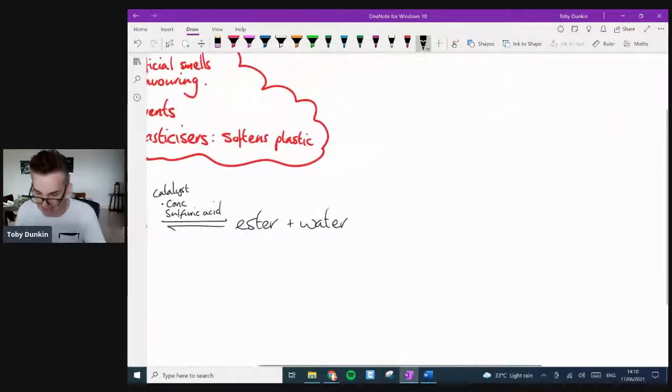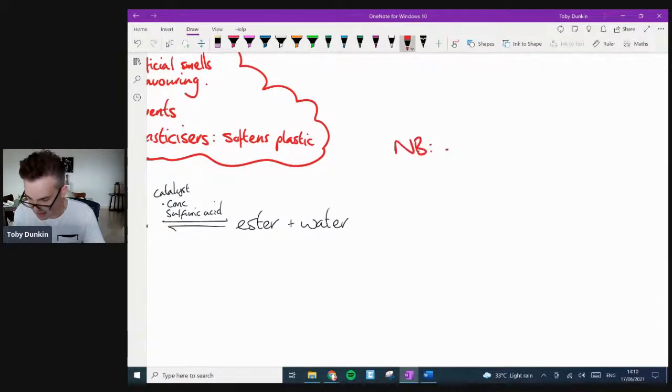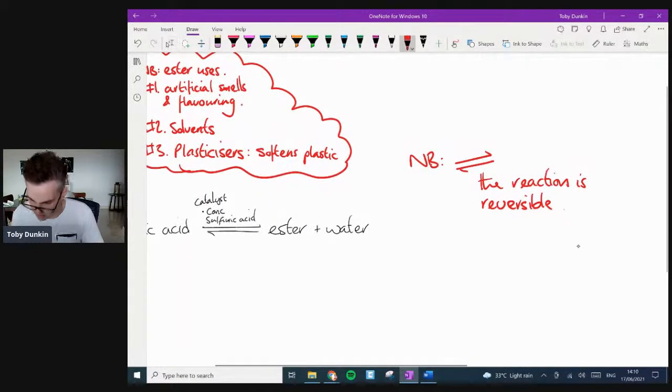It's nice to have a couple of nota benes here. Number 1, another nota bene: this arrow here means the reaction is reversible. It means it can go backwards. Also, I'm going to add another one, catalysts.